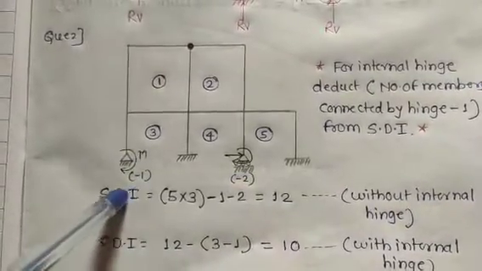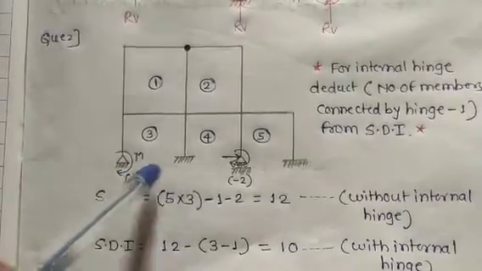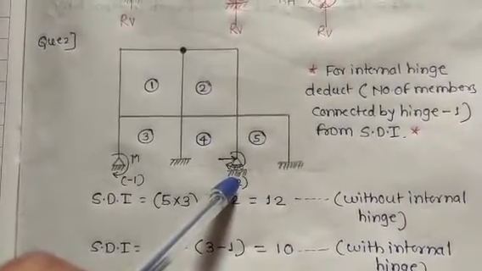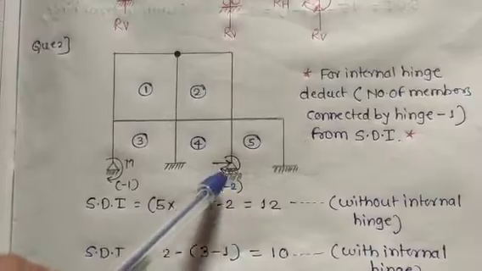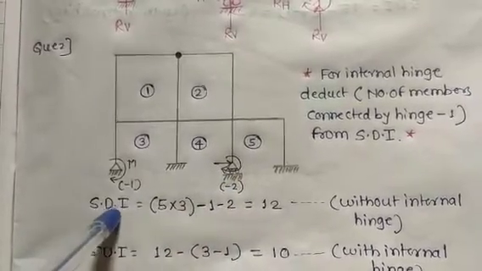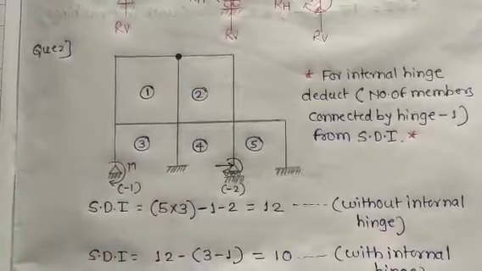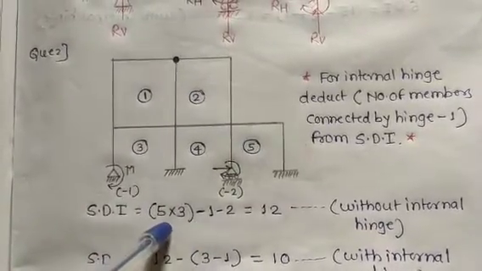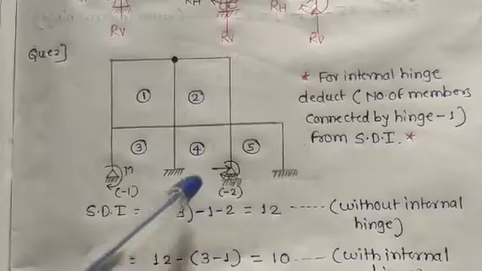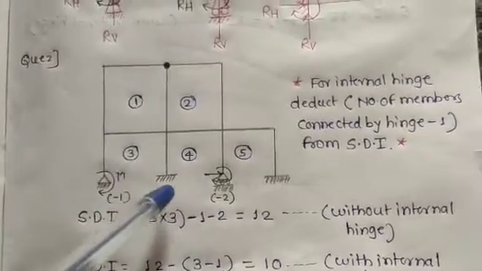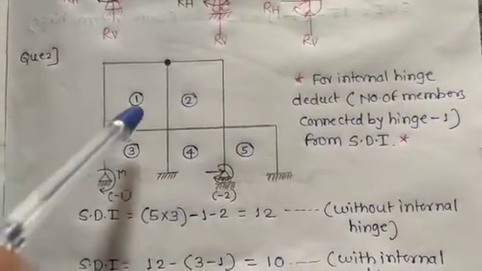Hence you have to deduct 1 release for the hinge support and 2 releases for this roller support. You can calculate the value of the static degree of indeterminacy without internal hinge and with internal hinge. First we will discuss the static degree of indeterminacy for this particular frame without internal hinge.